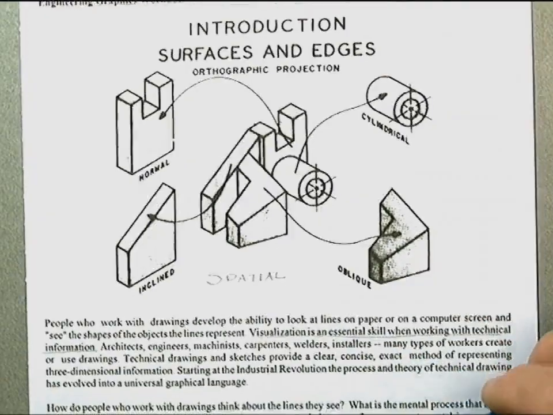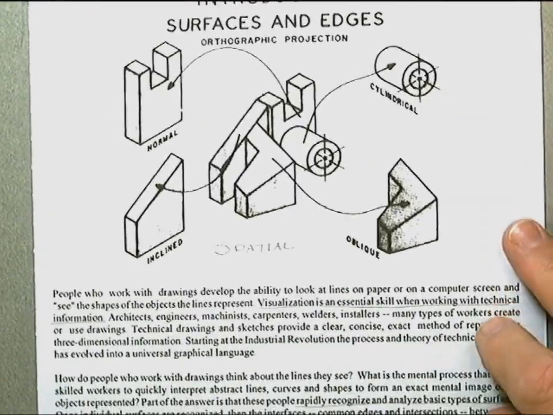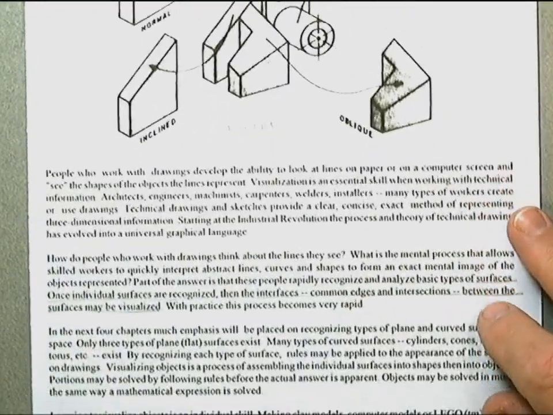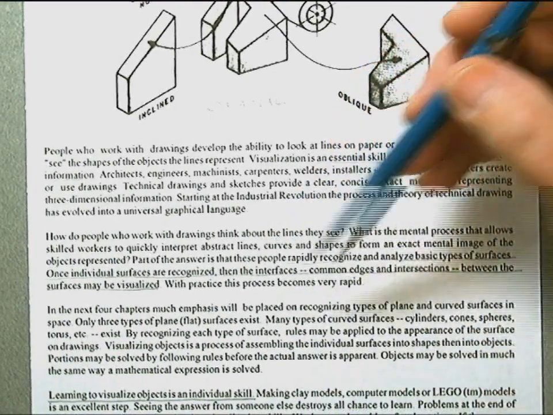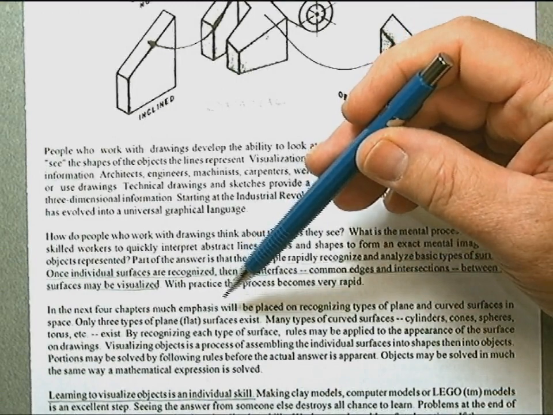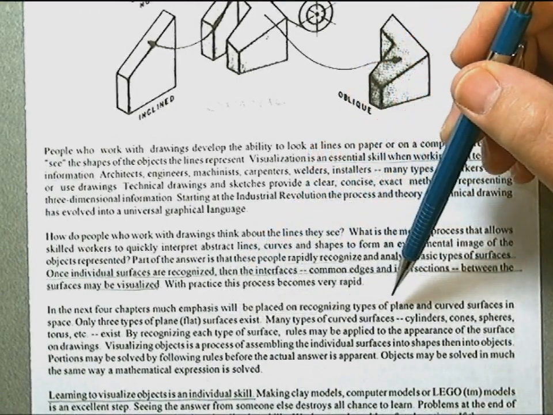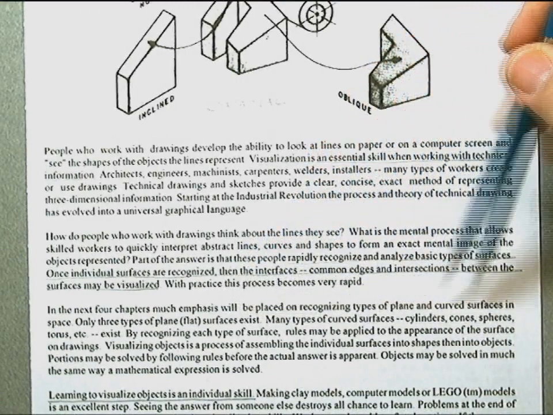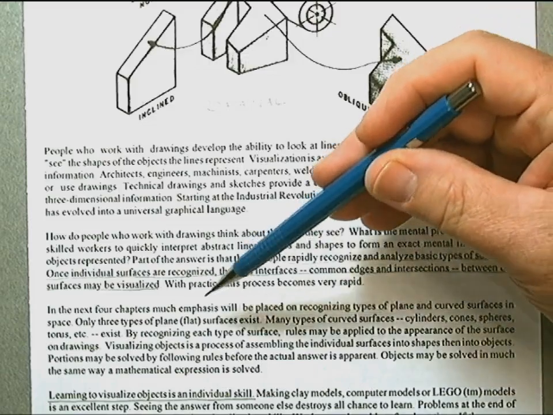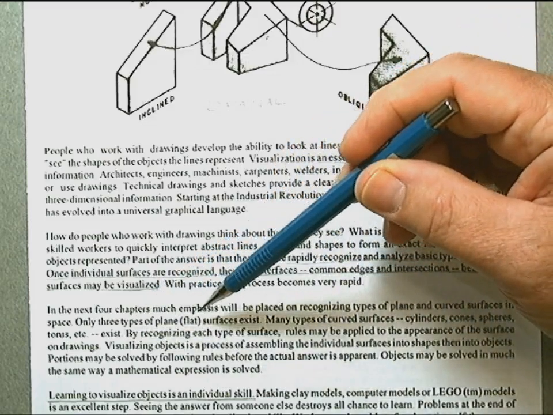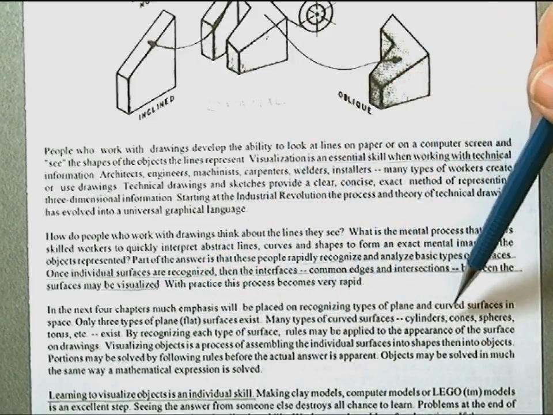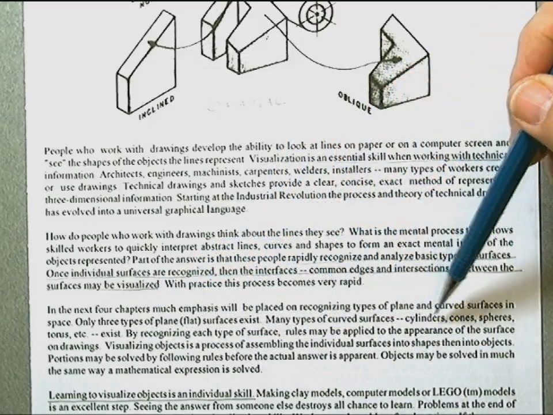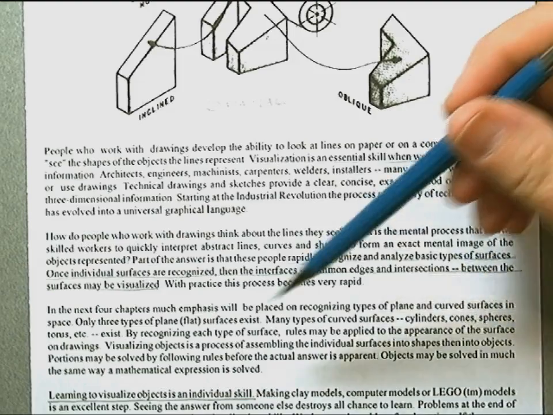So as it states here, and if you'll allow me to read to you this description, emphasis in the next 4 chapters will be placed on recognizing types of plane and curved surfaces in space. Only 3 types of plane or flat surfaces exist, but there are many types of curved surfaces: cylinders, cones, spheres, the torus.